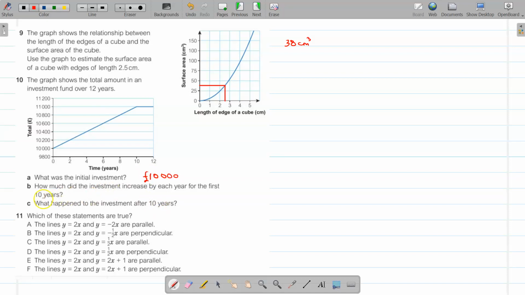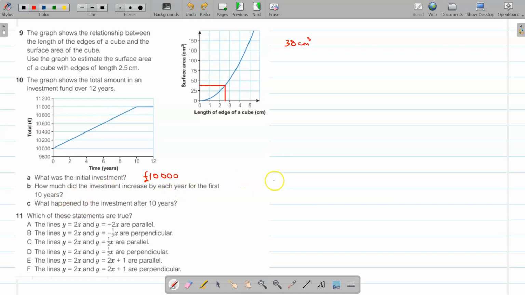The second question, how much did the investment increase by each year for the first 10 years? Well, it went from 10,000 to 11,000 over 10 years. Okay, so it increased by 1,000 over 10 years. So how much did it increase by each year?